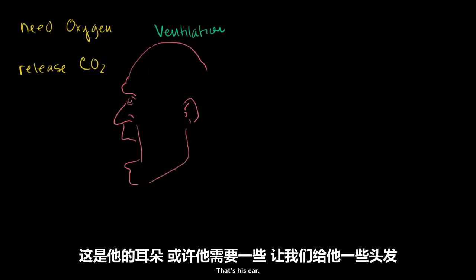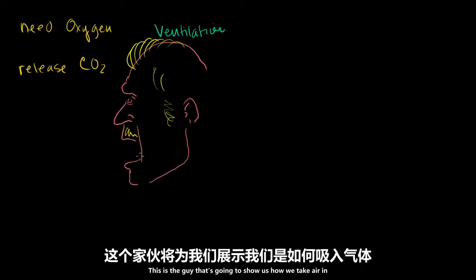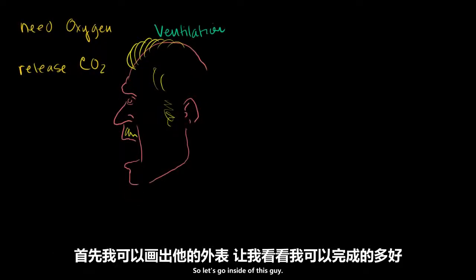That's his ear. Let's give him some hair. Maybe some sideburn. Anyway, a mustache. All of that is irrelevant. But this is our guy. This is the guy that's going to show us how we take air in and how we take air out of the body. So let's go inside of this guy.